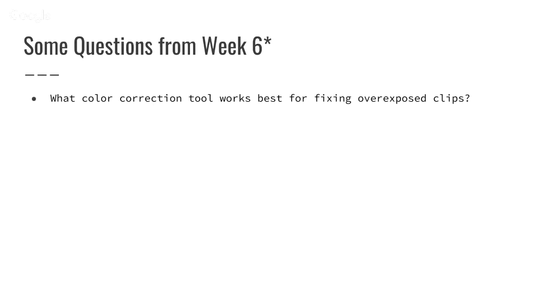All right. First question. What color correction tool works best for fixing overexposed film clips or video clips? I am sorry to say that if there's anything color correction can't fix, it is overexposed video. Here's why.